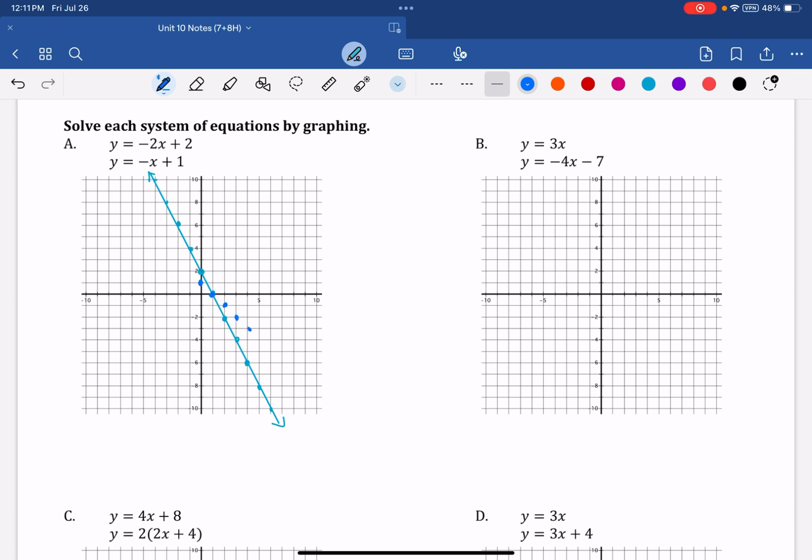So there we've determined where they intersect. You do need to draw the lines. I have a lot of students forget to actually draw the line, drives me crazy. So this solution is at (1, 0).